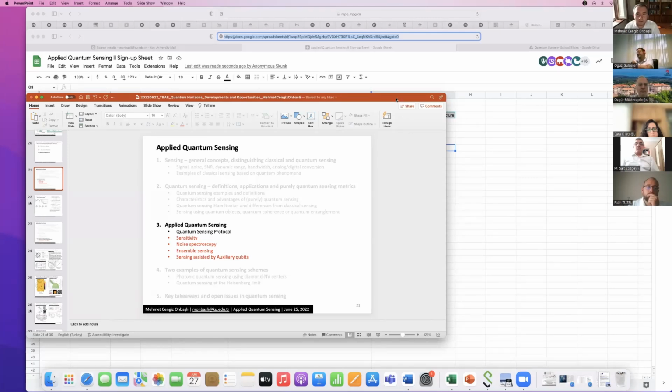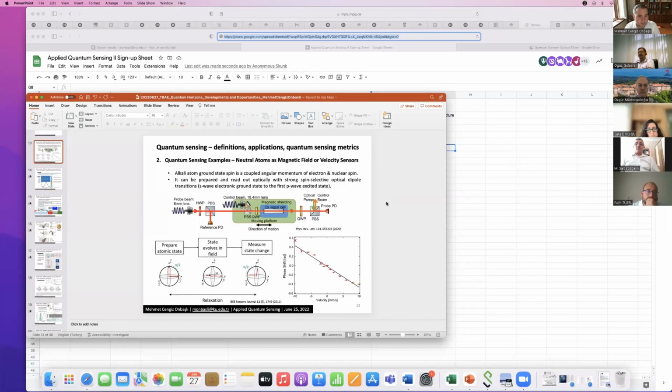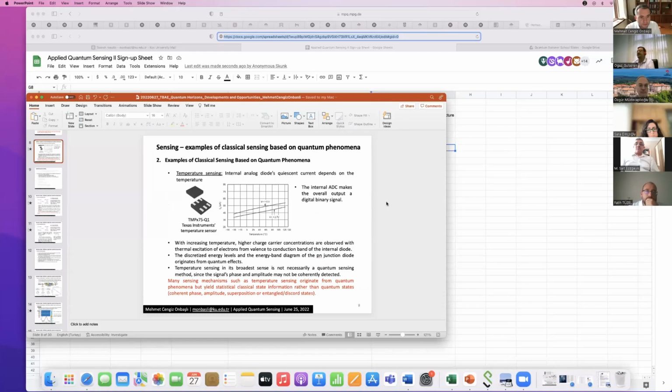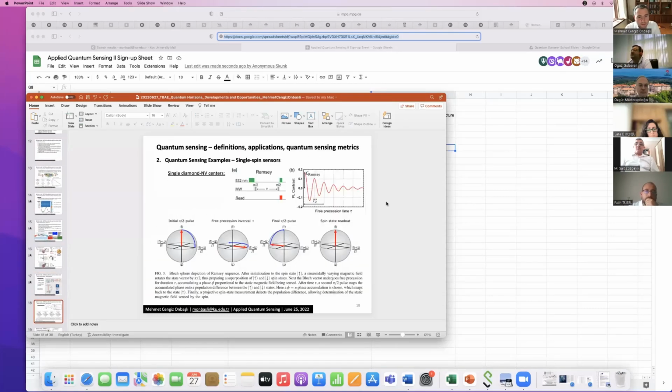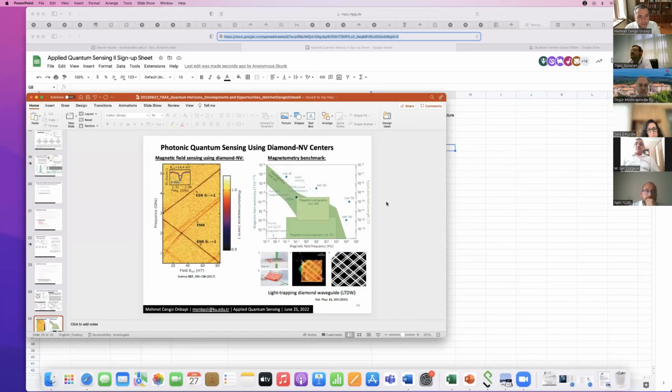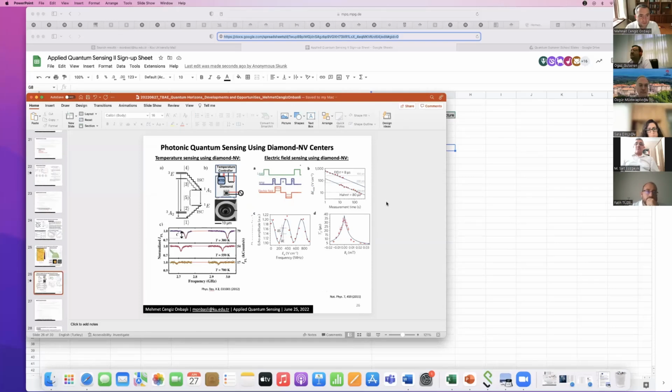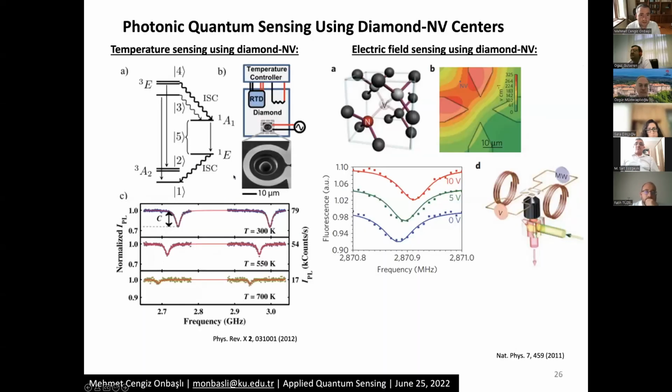I have glossed over it in the slides. Let me show you one case where it is feasible to pick up individual NV centers. For instance, when you see this one little cone here, this is engineered to pick up an individual NV center.